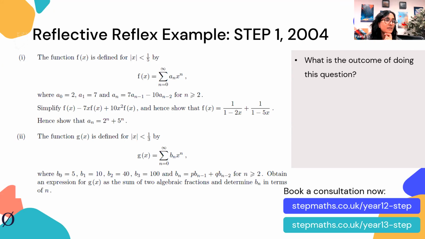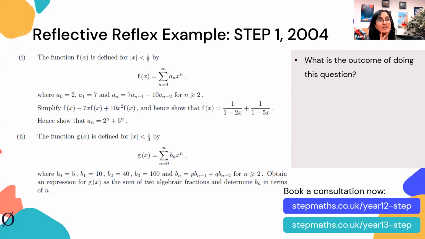How to write a series in terms of just two fractions with no unknowns, how to express a series, or do we mean the sequence? How to express a series in terms of the nth term, and so on. Simplifying the function f of x into a non-recurrence relation.